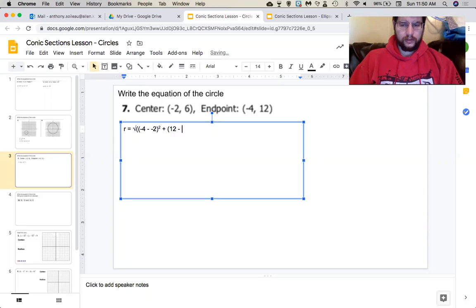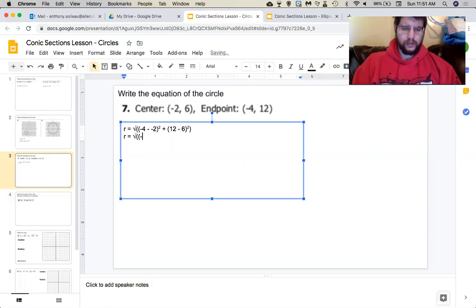12 minus +6 squared. So this is my distance formula. I just plugged it in. Let's simplify a little bit. Copy that. Okay, -4 minus a -2.